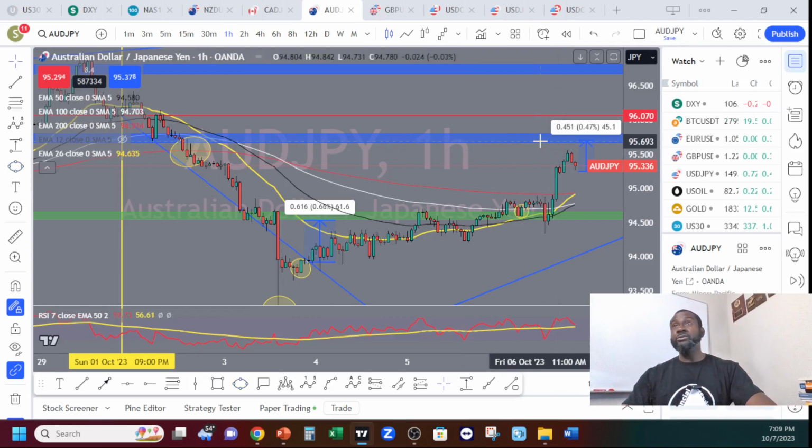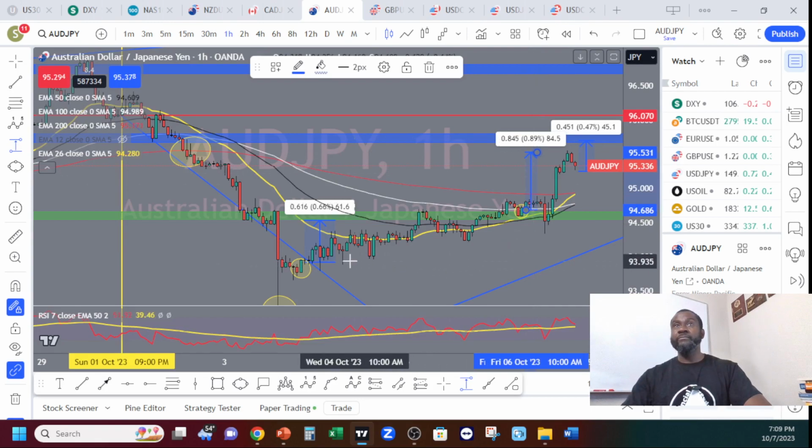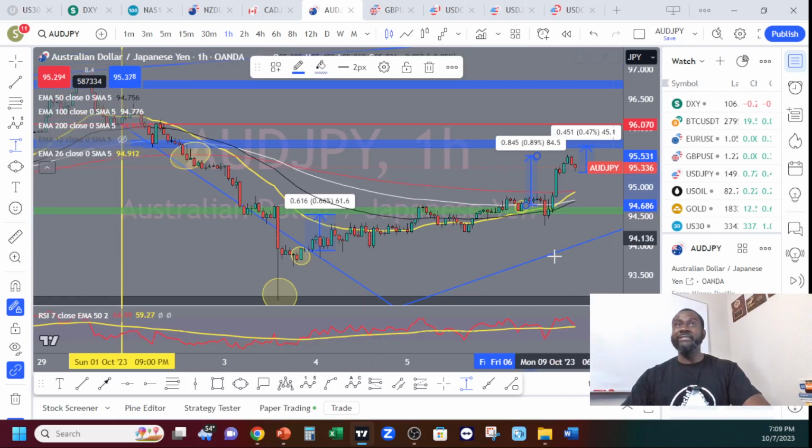So those are possibilities. If you took it here, this is where price can give you 85 pip. If you took it here to here, that price can give you 61 pip. If you took it here to up here, that's another 80 pip.